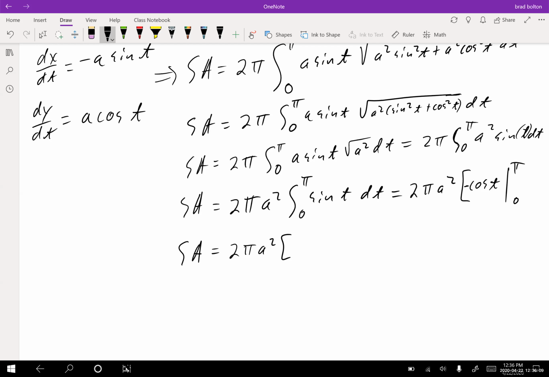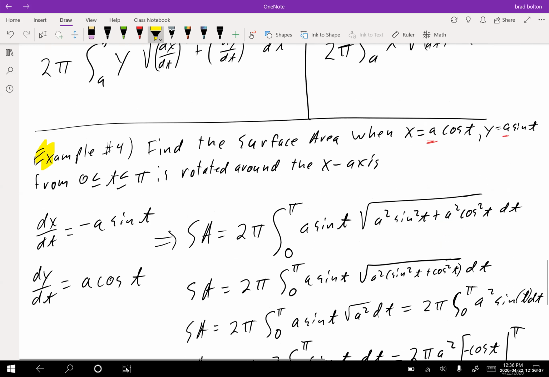The cosine of pi is -1, but it's a negative cosine, so that becomes 1. Then the cosine of 0 is 1, so minus 1. This becomes 2, so this will actually become 4 pi a squared. Okay, so this is how we can find the surface area. So this is our surface area.